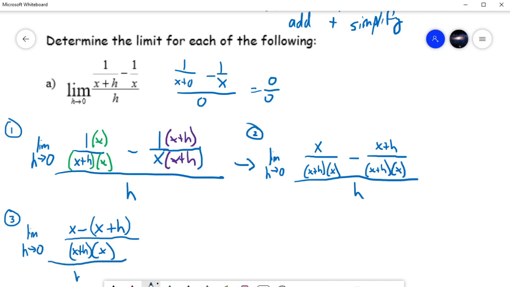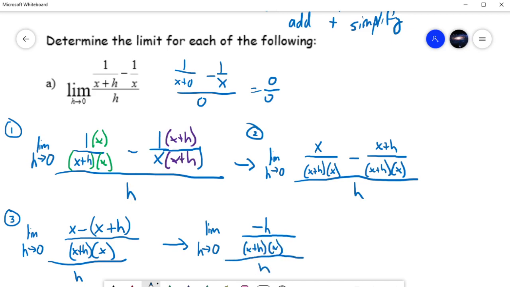And all of this is still over h. Okay, what do we have on the top? We have a negative h over x plus h times x, all of which is over h.